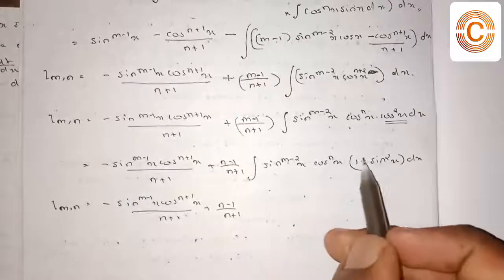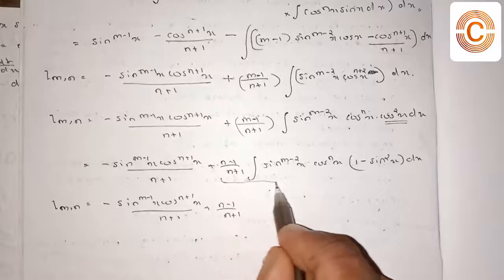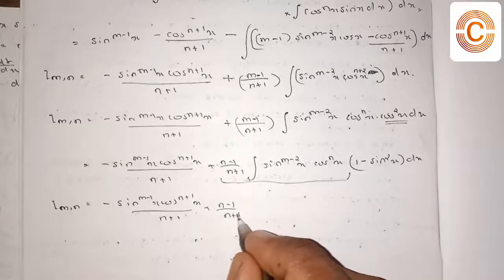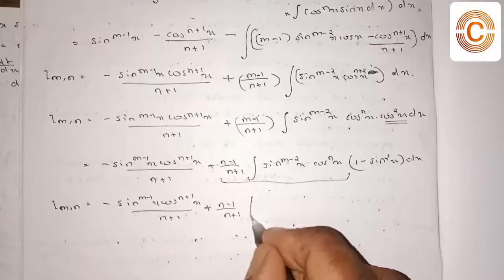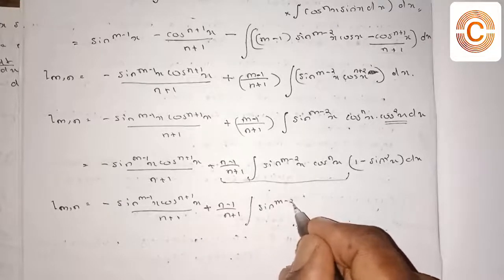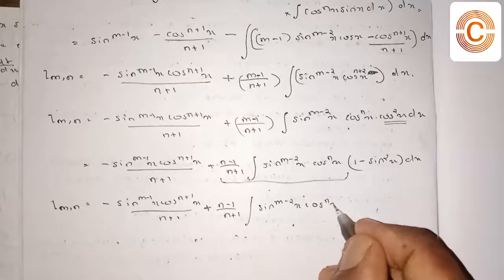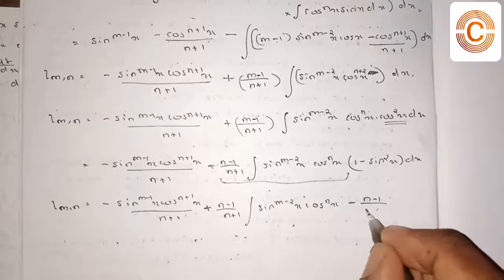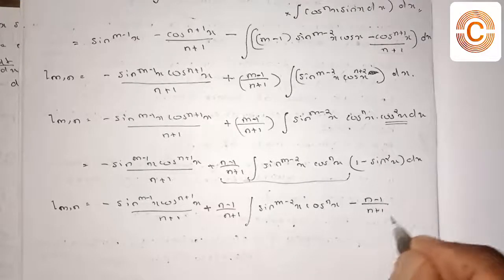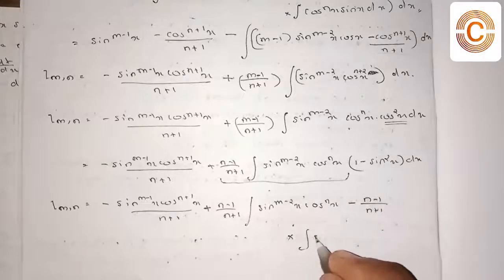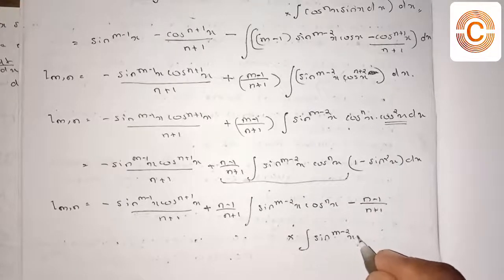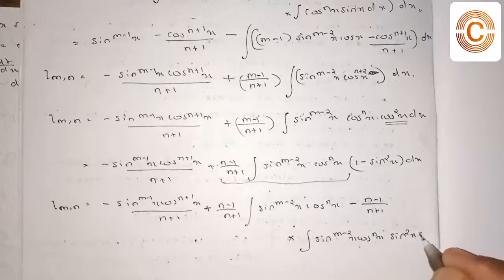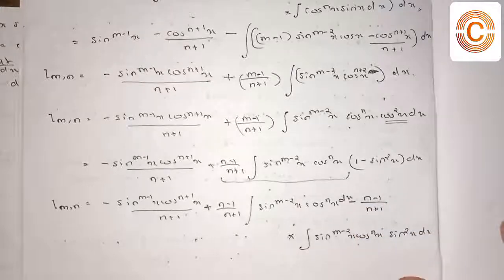Note here that we can open this bracket by multiplying this complete term, then we get m minus 1 divided by n plus 1 into the integral of sin raised to m minus 2 x cos raised to n x, then applying minus here, we get m minus 1 divided by n plus 1 into the integral of sin raised to m minus 2 x cos raised to n x into sin square x with the dx.